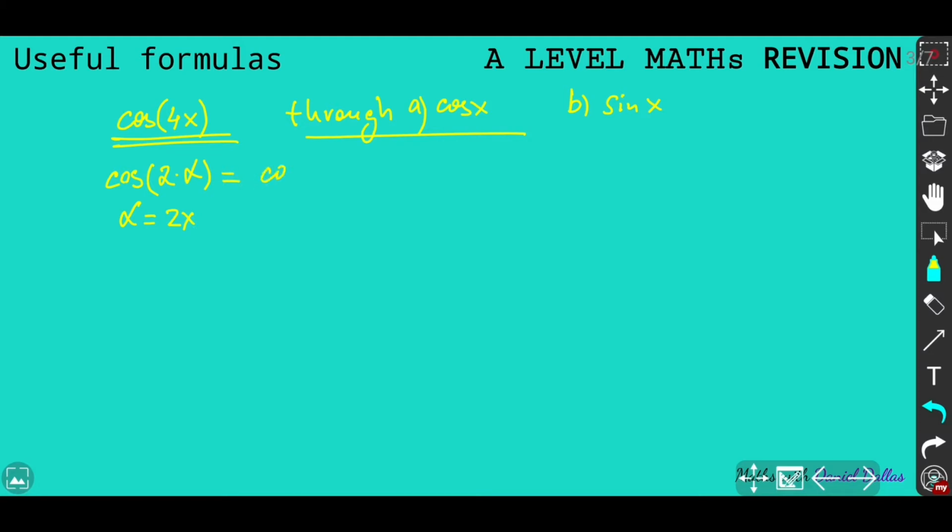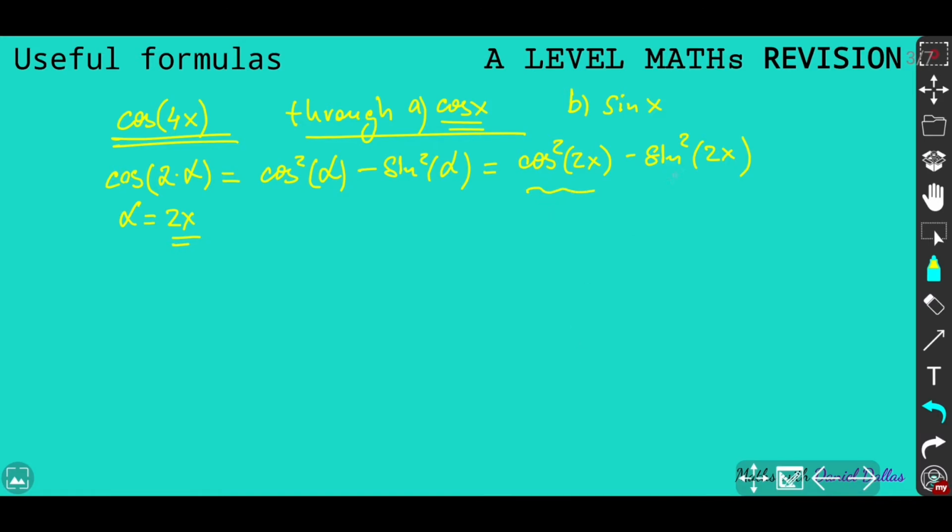It's going to be, by definition, cos squared of alpha minus sine squared of alpha. And instead of alpha, you still can use 2x. So that's why you'll get cos squared of 2x minus sine squared of 2x again. Because your primary goal is to express through cos x, you again need to apply the formula.